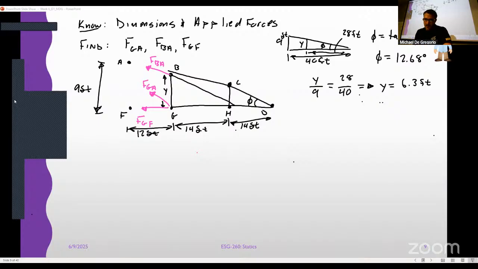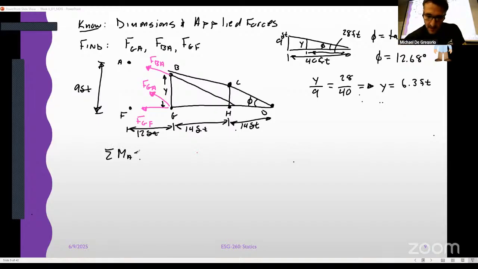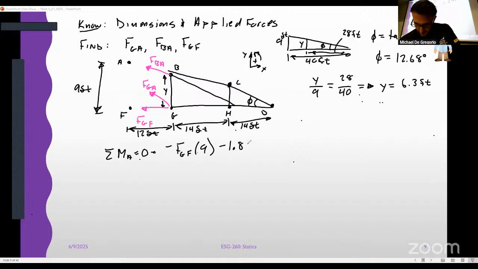Okay, so let's get into the solving of this. First thing I'm going to do is sum the moment at A. If I sum the moment at A, I can solve for FGF right away. Sum of the moment at A equals 0 gives me negative FGF times 9, minus 1.8 times 12. I didn't put my forces on here, did I? And it's in kip. Gross.